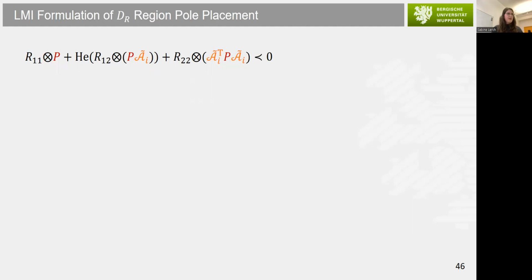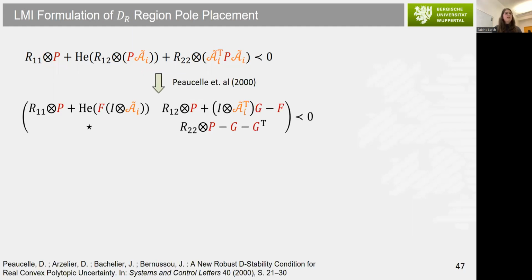So this is not an LMI yet, but we can reformulate this by reformulation by Purcell. This is then still not an LMI, but with the reformulations we have seen before for full state feedback and static output feedback, these 2 controller types could be designed. So we could reformulate this condition then to LMI conditions, but we want to design different controller types as well.